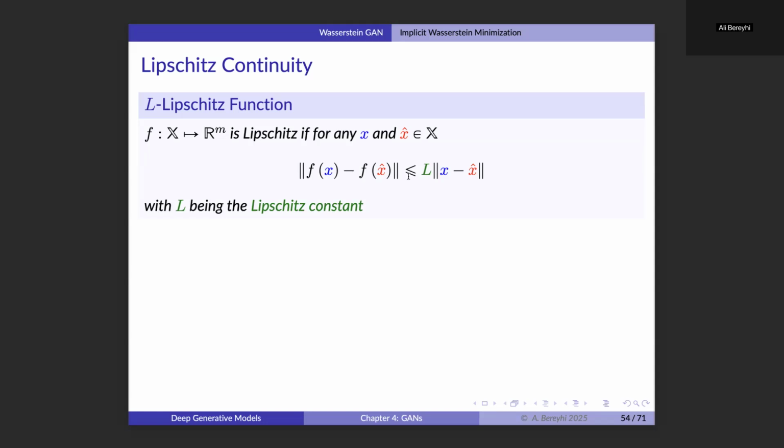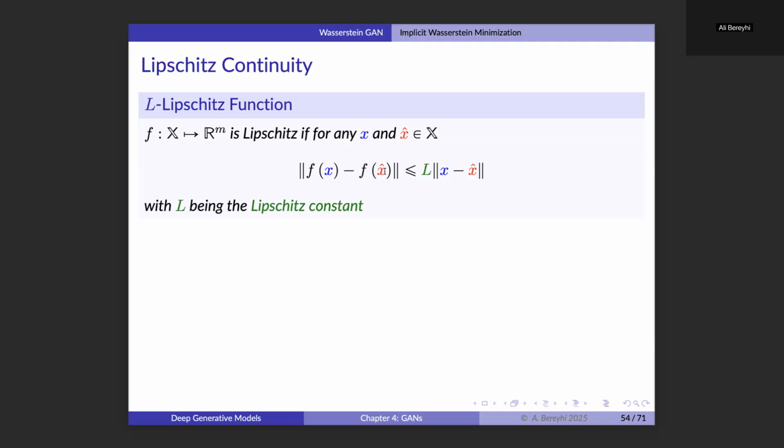And now you want this to happen everywhere. So it means you want your derivative to be bounded everywhere. And this is the form of definition that Lipschitz gives us. It's guaranteeing that if I give two different points to my function, the output is not going to increasingly go up, right? So if x and x hat are hugely different, f of x and f of x hat could still be hugely different.